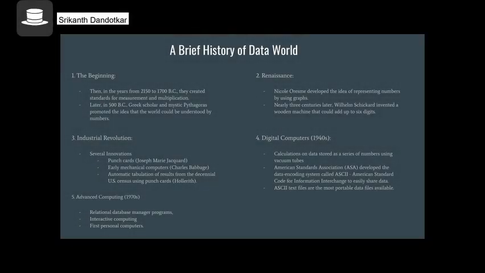According to the discussion in the book, you can trace the origins of data to 220,000 BC. The idea here is that at this time people invented arithmetic and different kinds of tools to manipulate numbers. The very idea of numbers, that's what it refers to.